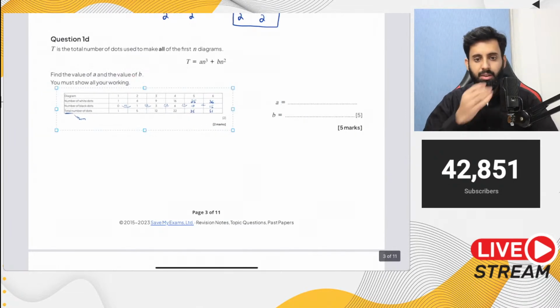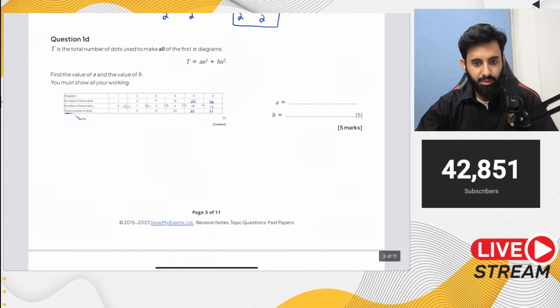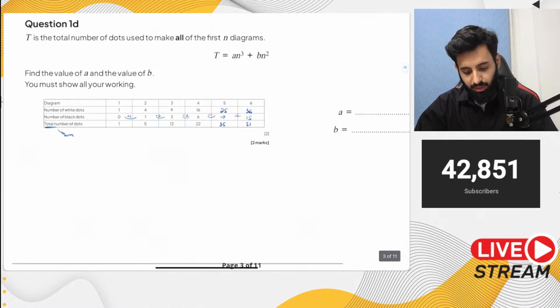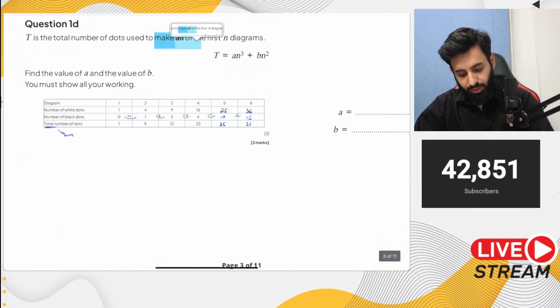Now I'll tell you an easier way to solve this cubic sequence. You can use the general formula for a cubic sequence, but there's an easier way as well. First, let's understand what the question is saying. T is the total number of dots used to make all of the first n diagrams.